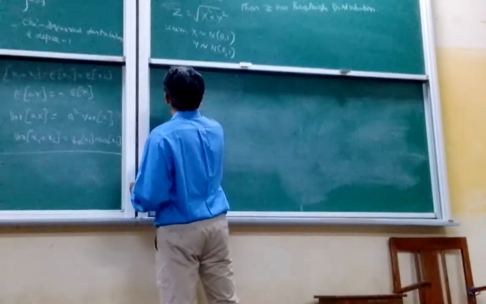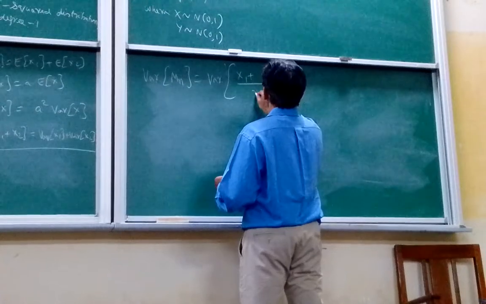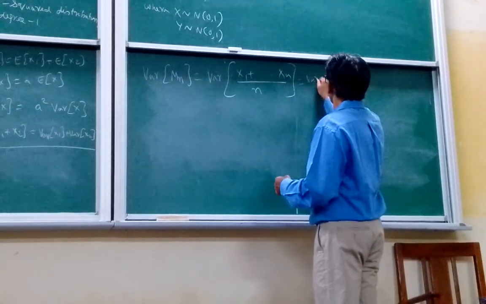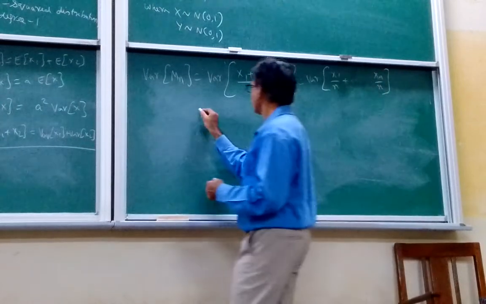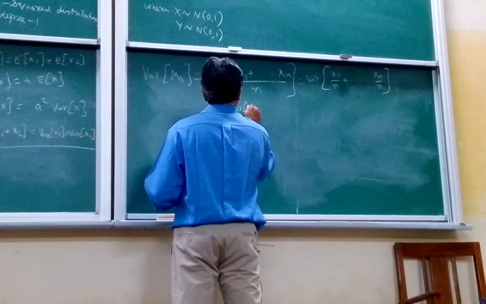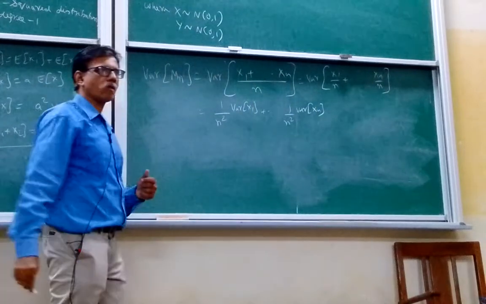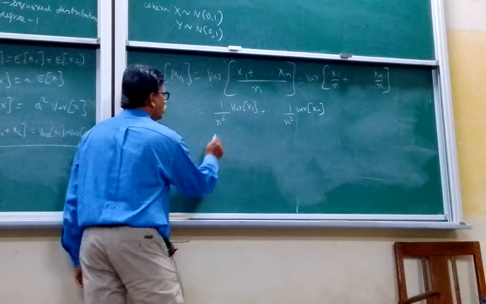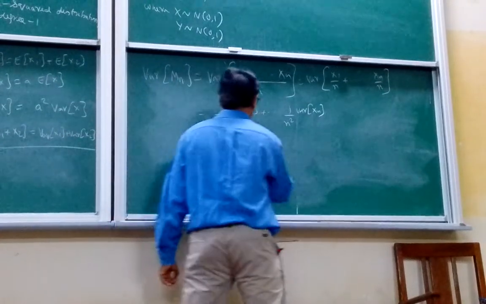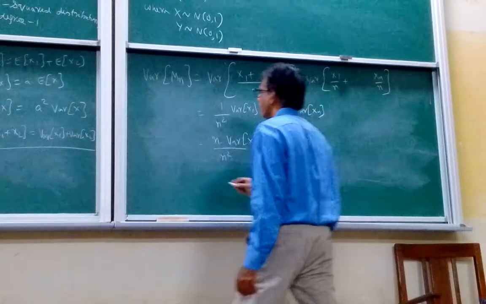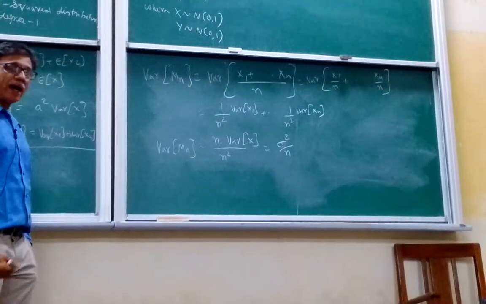So now, how about variance of Mn? There are n of these, so it is n times variance of X by n squared, which is equal to sigma squared by n.